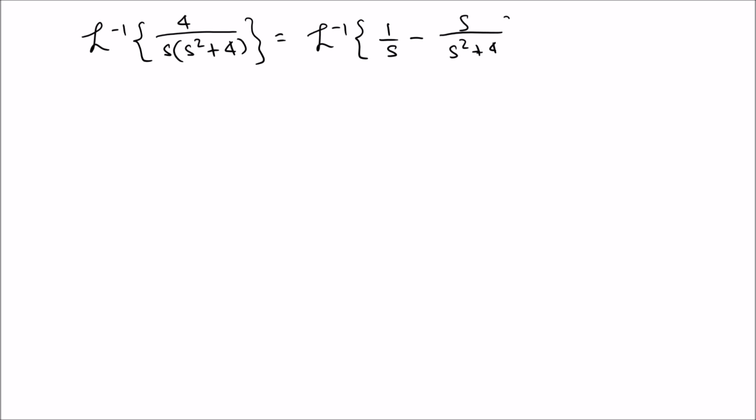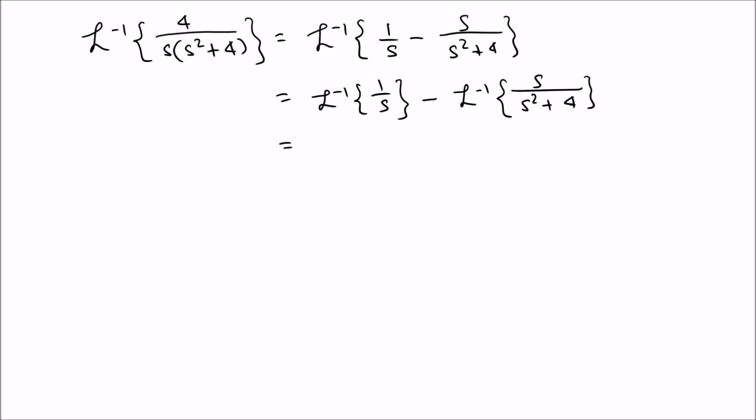You can split this into two, so this is L inverse of 1 over s minus L inverse of s over s squared plus 4, and we know both of them. The first one is going to give you 1 over s, that means 1.